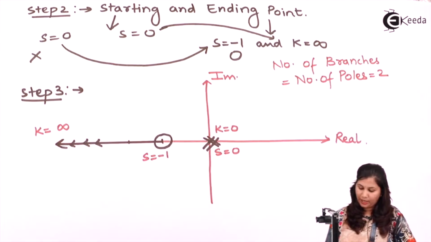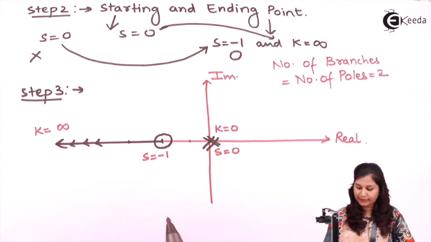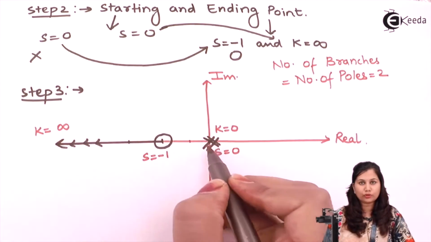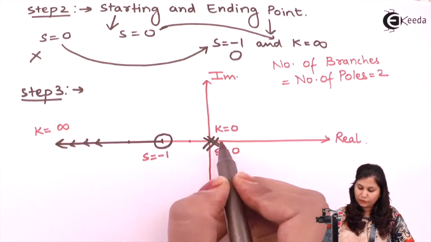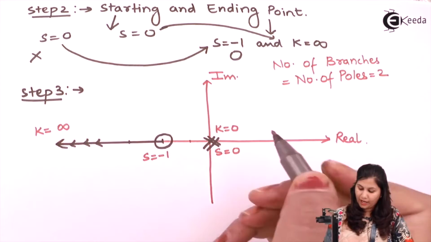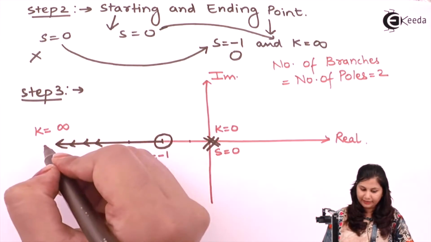Now for the poles, if we take this point here, then the number of poles and zeros on the right hand side will be 2 for both these poles. So the direction of the root locus will be on this side. Now this will start from the pole, but it is terminating at infinity.